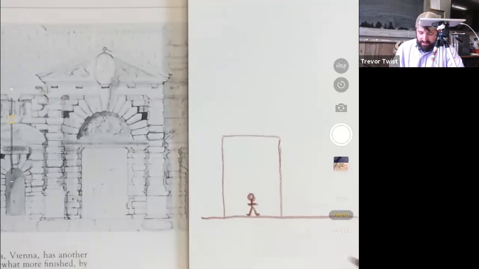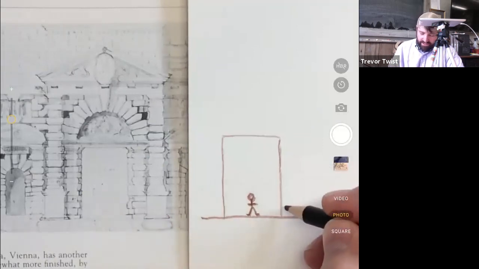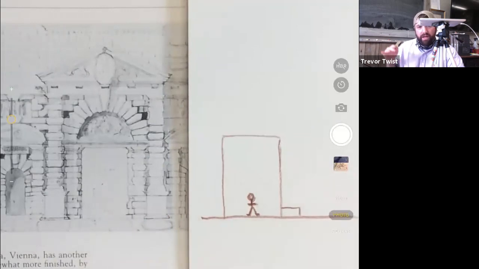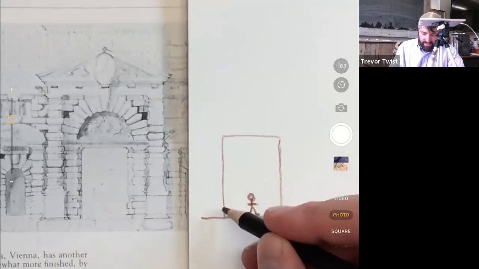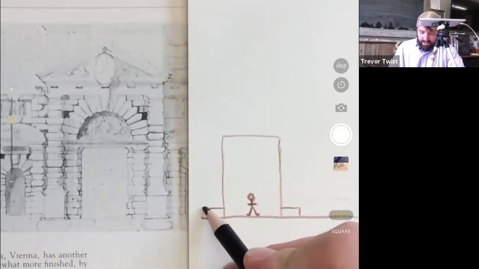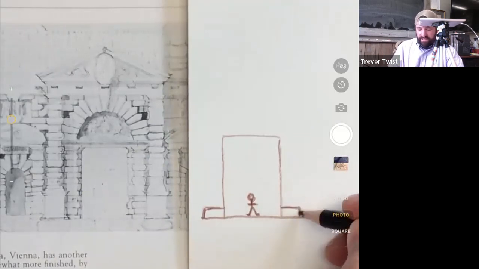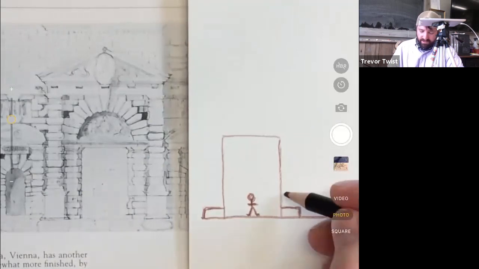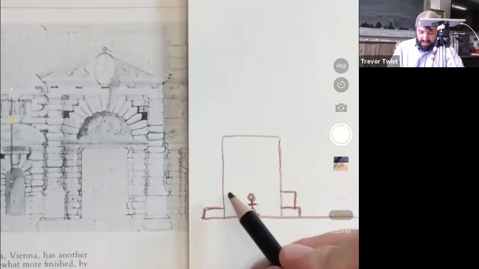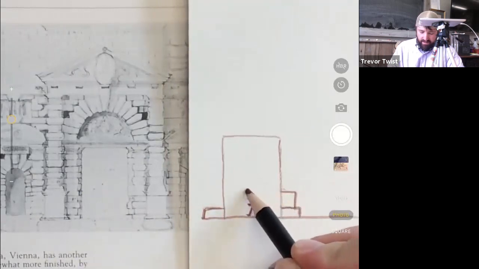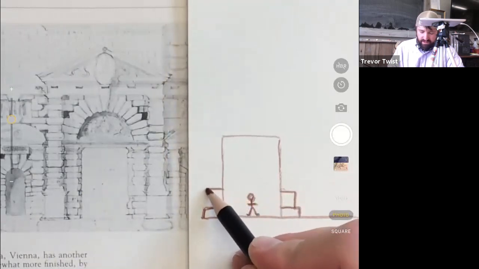We're not going to copy it exactly, but what I would like to do is draw and stack bricks, symmetrical bricks on either side. So it has nothing to do with what the left side and the right side are, as long as they're the same. So there's one brick on this side, one brick on this side. Then I might do a smaller brick that is a little bit taller. And then I'm just going to add the same size brick to the other side.